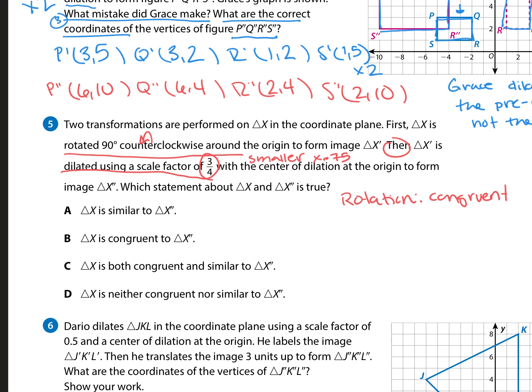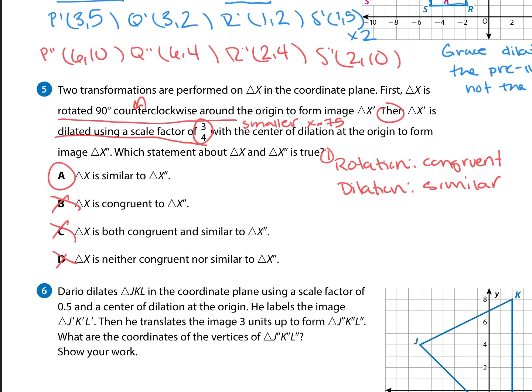So it's still the same size after the first transformation. Now the dilation made it smaller. So now the shapes are only similar. They're no longer congruent. So X is similar to X prime, X double prime, yes. X is congruent, no. It's congruent and similar, no. It's neither, no. So the shapes are similar.